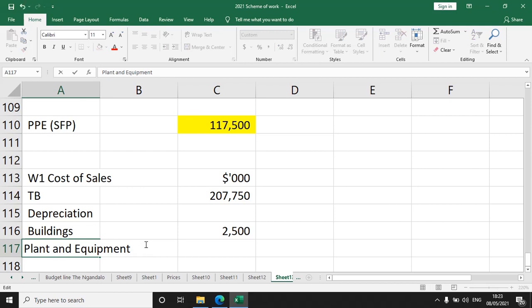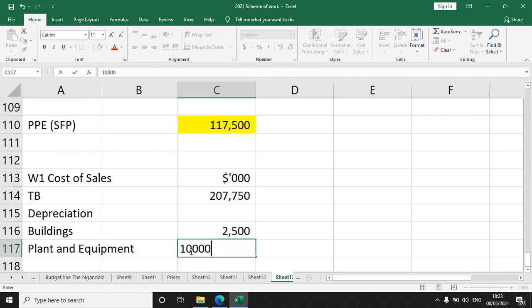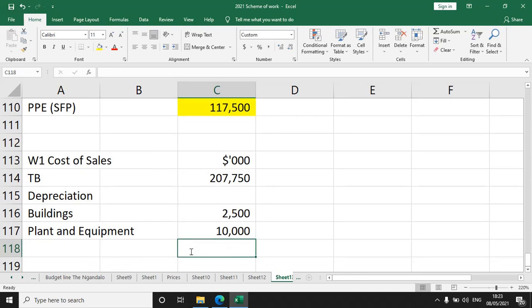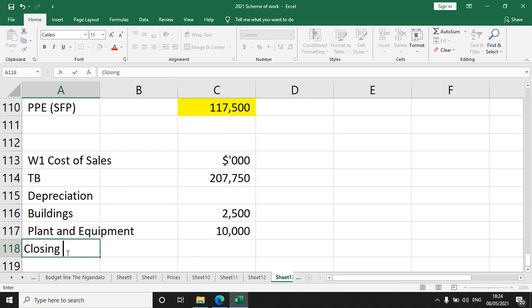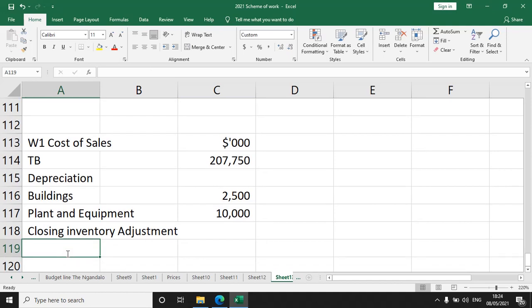Okay, there we go. Then there's the issue of closing inventory being misstated. So we need to do some closing inventory adjustment. I think I'm taking too much time, although somebody might be saying you need to do more, but I will need to end very soon.